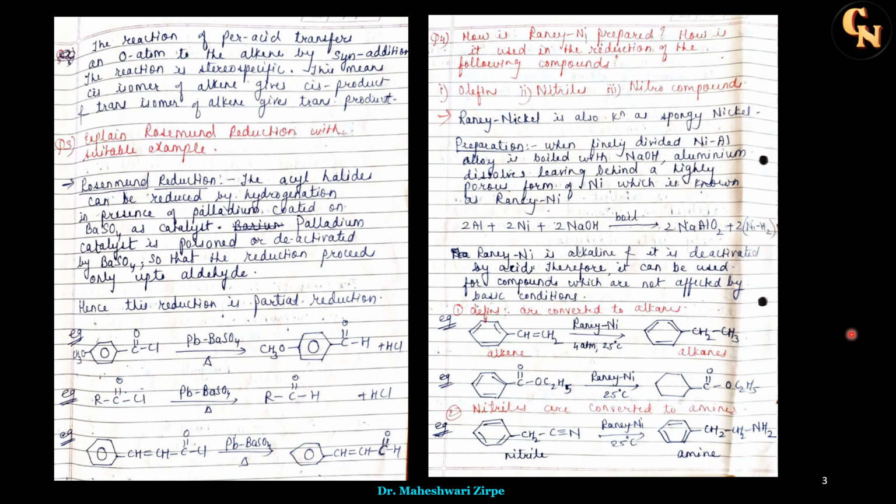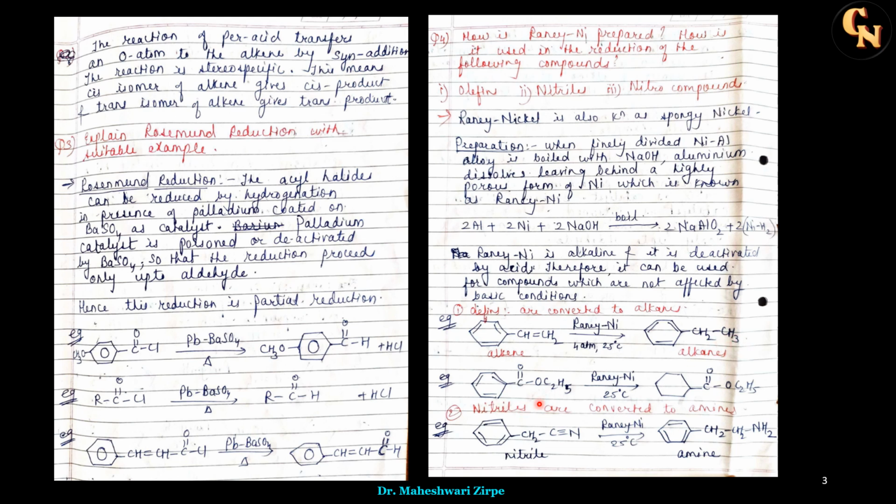Let us see one by one. First, olefins. In the first example, we can see that olefins are converted into alkanes. So let us see the example. Here the alkene with an aromatic ring is taken as the starting material. Raney nickel is used, and the conditions are 4 atmospheric pressure and 25 degrees Celsius. You can find that the double bond in the alkene has been converted into a single bond.